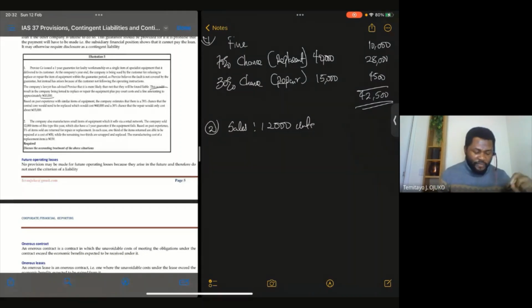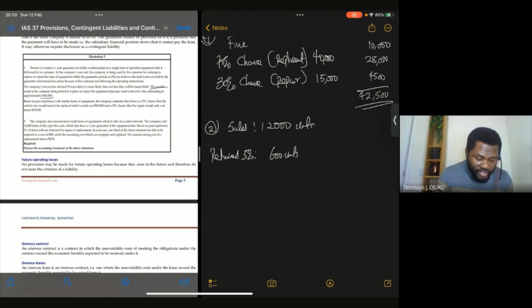Based on past experience, 5% of items sold are returned. So 5% of 12,000 will give us 600 units, right?